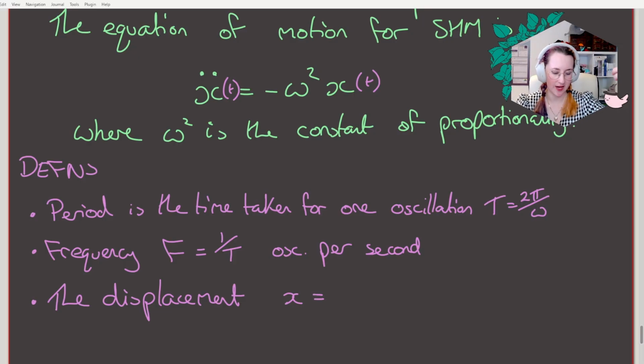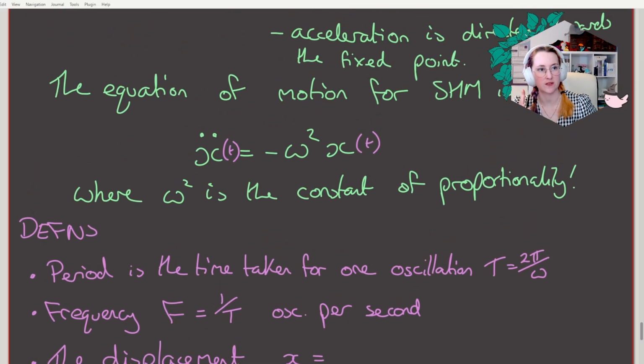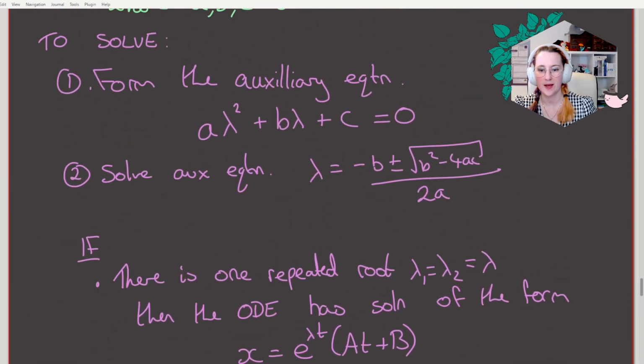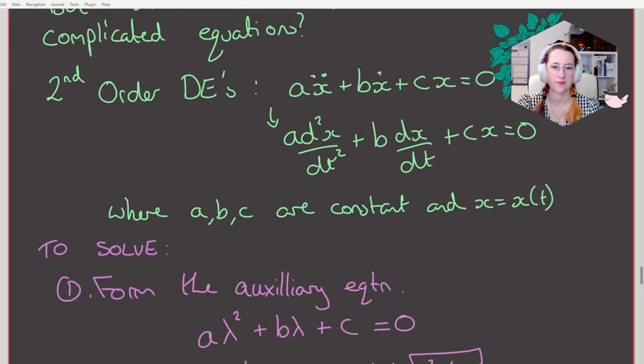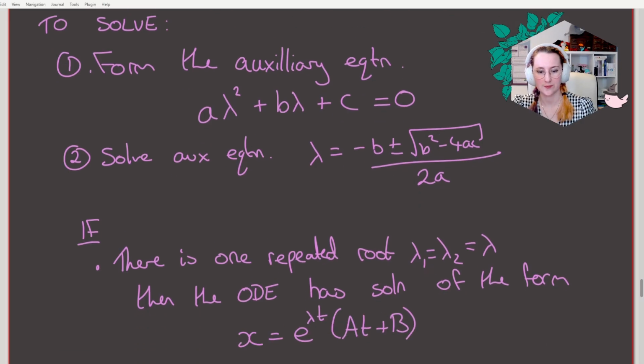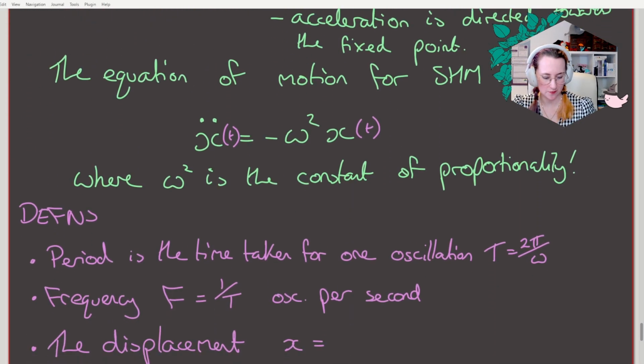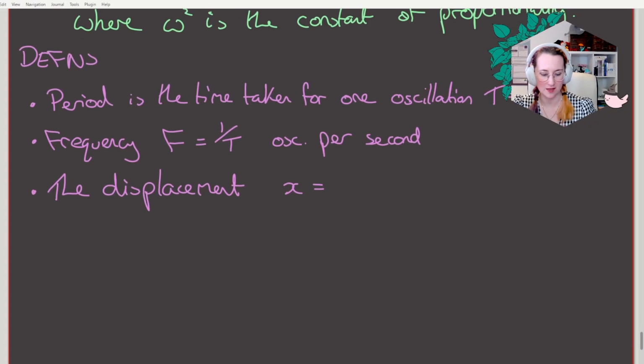We do the same thing that we had before with that auxiliary equation, where we have a x double dot plus b x dot plus c x equal to 0. And in this equation, a is 1, b is 0, c is omega squared. If we do that, we end up with two roots.